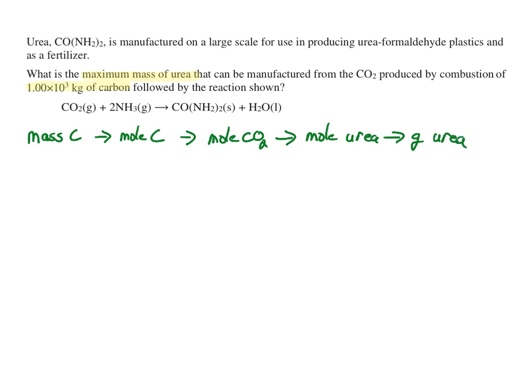So each of these individual arrows corresponds to a conversion factor. To go between mass and moles, we'll have to use the atomic weight. Here, we'll go to the mole-to-mole ratio, and also here.